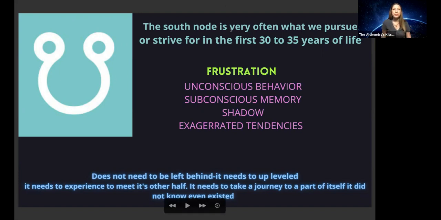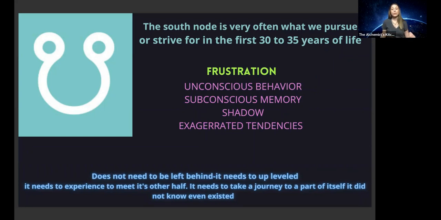But for some reason it's not working. For some reason the universe kind of throws up challenges towards us. So the South Node creates a lot of frustration when we just live there.